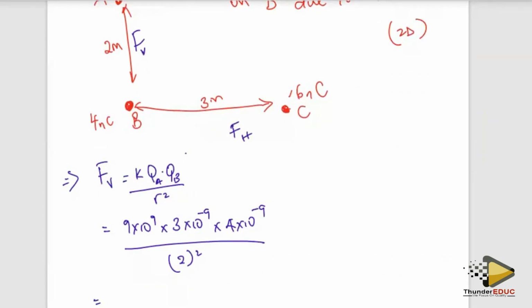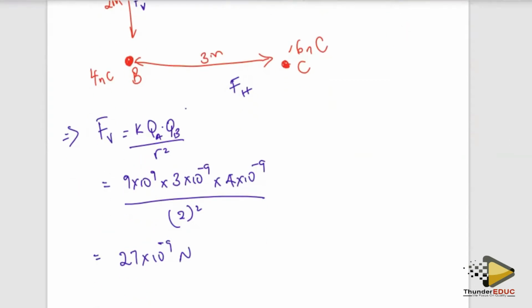When I punch that into my calculator, having 9 times 3 times 4 over that, this means 27 times 10 to the negative 9 newtons. But since the charges are opposite, there's going to be attraction. So this is going to act downwards.